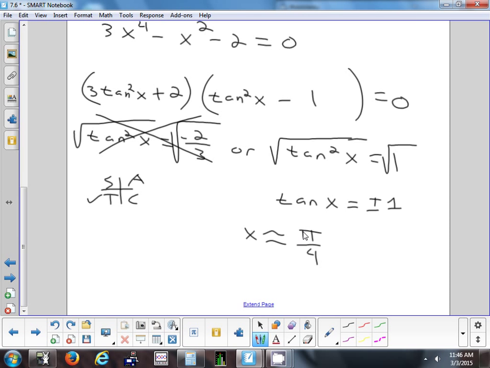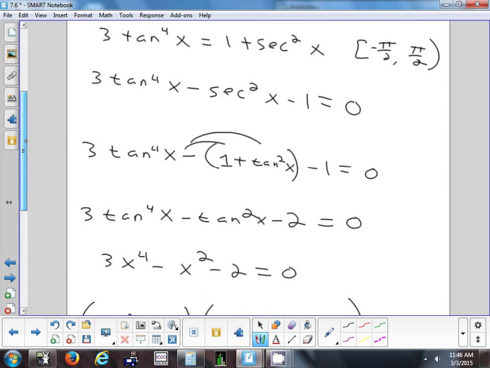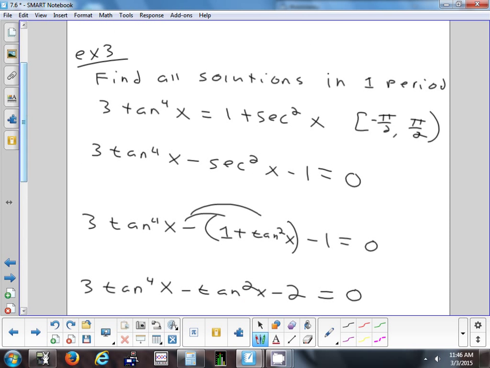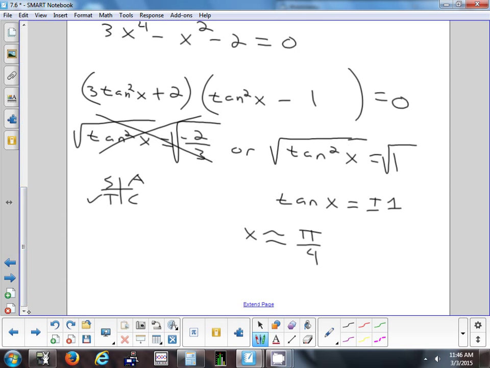The reason I'm not going to look in quadrant 3 goes all the way back to the beginning. They told me to give answers between -90 and 90. If I give an answer in quadrant 3, it will not be between -90 and 90. So I don't have to check for the other answer this time. They basically told me not to.